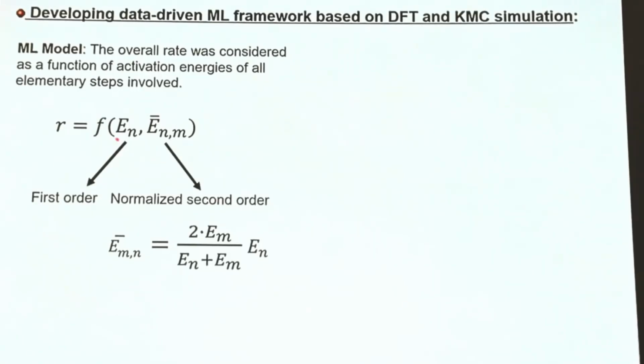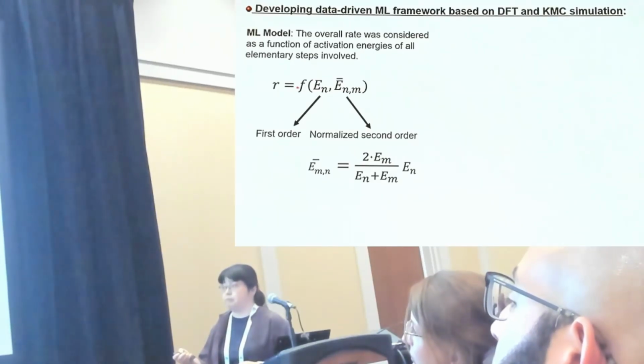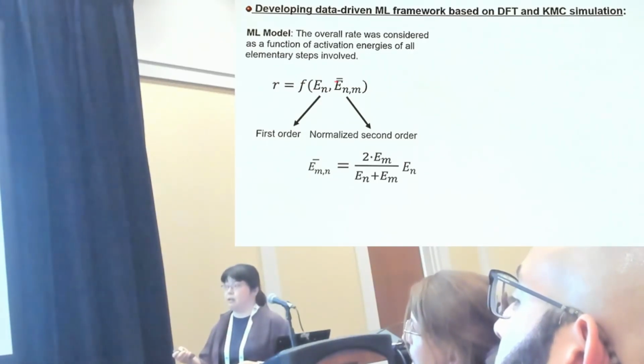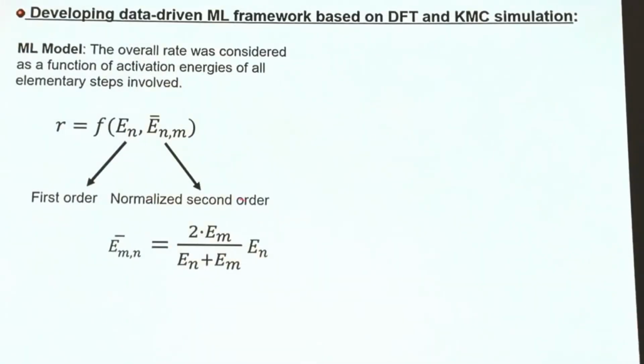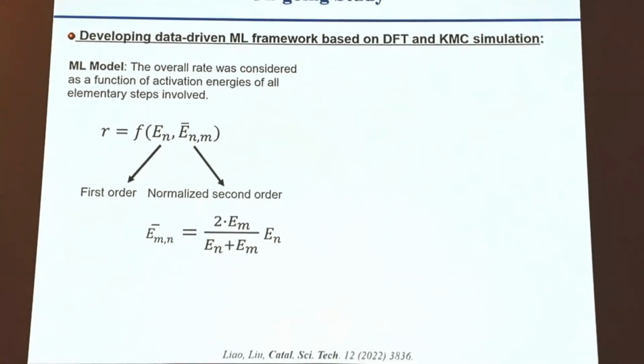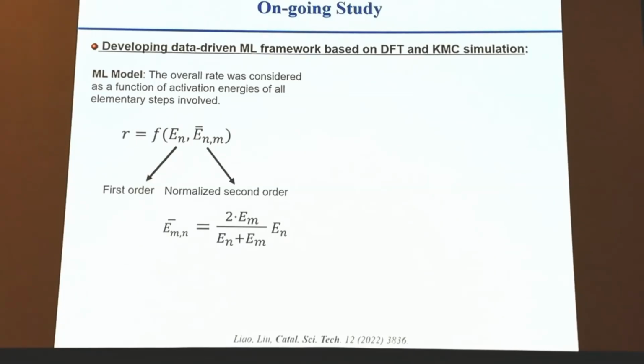For example, here the rate is expressed as a function of the first order variance, which is the variance itself, and we also include the normalized second order variance, which is expressed by the harmonic mean, and this is trying to account for the interaction between the relevant steps.